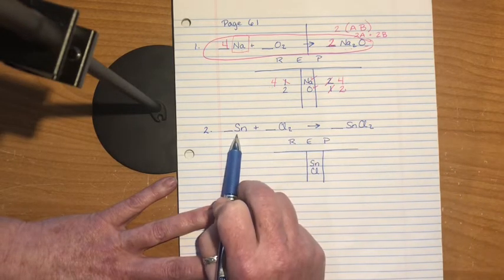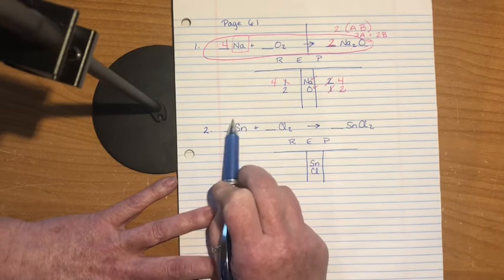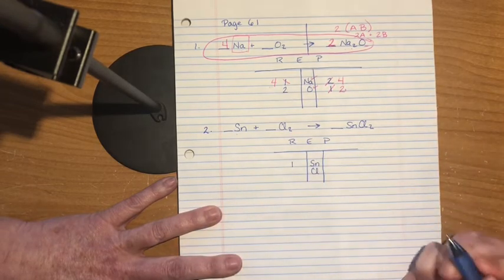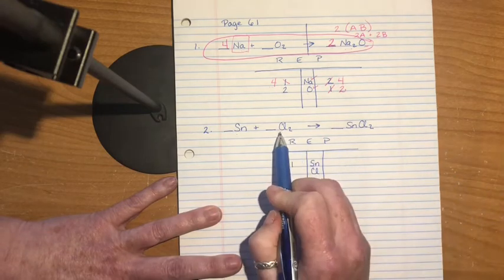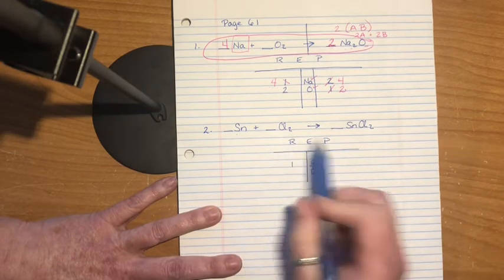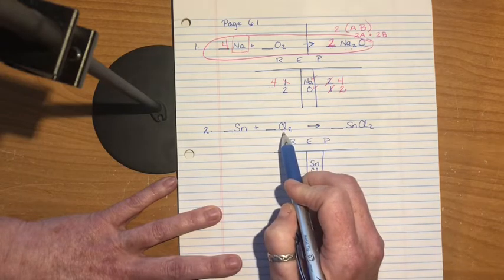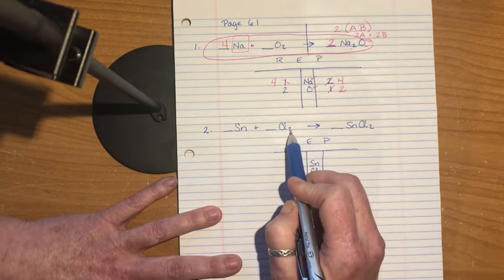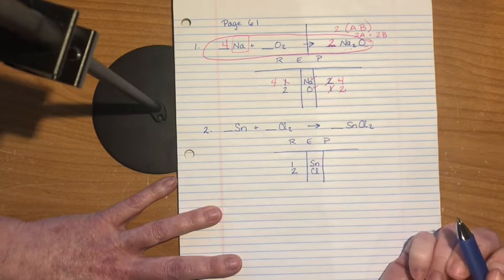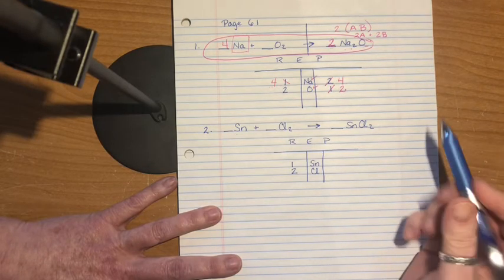On the left-hand side, or my reactant side, I only have 1 piece of tin. I also have 2 pieces of chlorine, because in order to create this compound of chlorine gas, there's 2 pieces of chlorine joined together in order to make that.